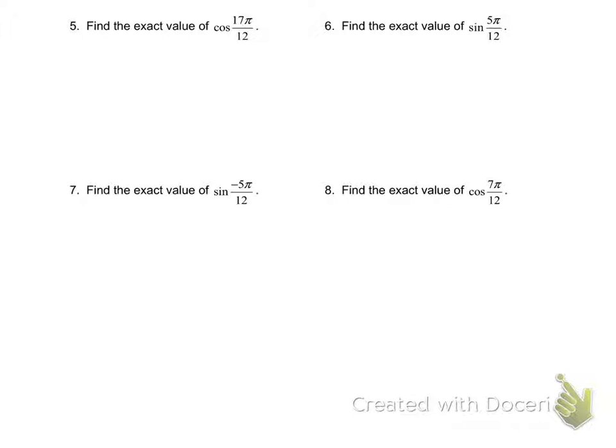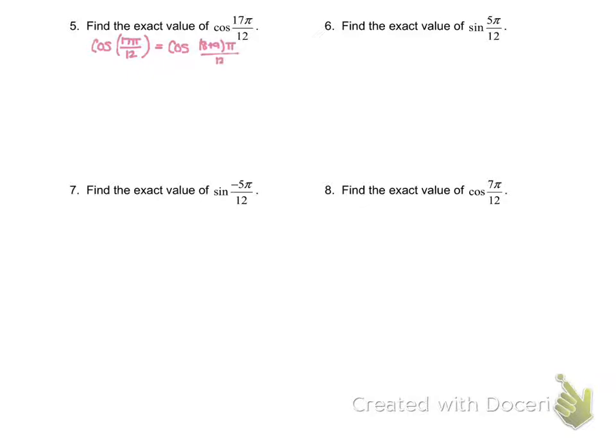Now we're going to use the same formulas, but we're going to work with radian values. So when I think of cosine of 17 pi over 12, I think of 8 plus 9. So I'll show you what I mean. Cosine of 17 pi over 12 is also equal to cosine of 8 plus 9 pi over 12.